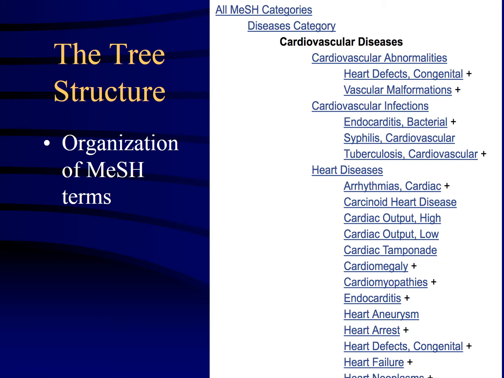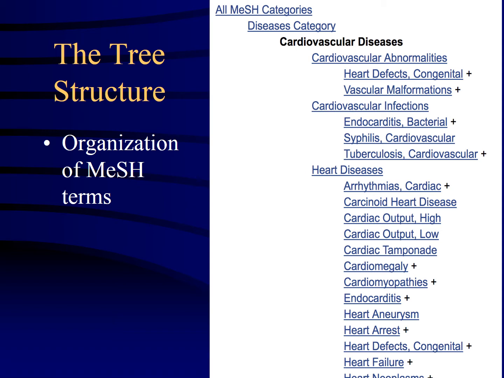The plus to the right of arrhythmias under heart disease means that there are more terms that can be classified as cardiac arrhythmias, and this term can be exploded. The default for PubMed is to explode all MeSH terms. The default for others, such as EBSCOhost, another interface for Medline, is not to explode these terms.